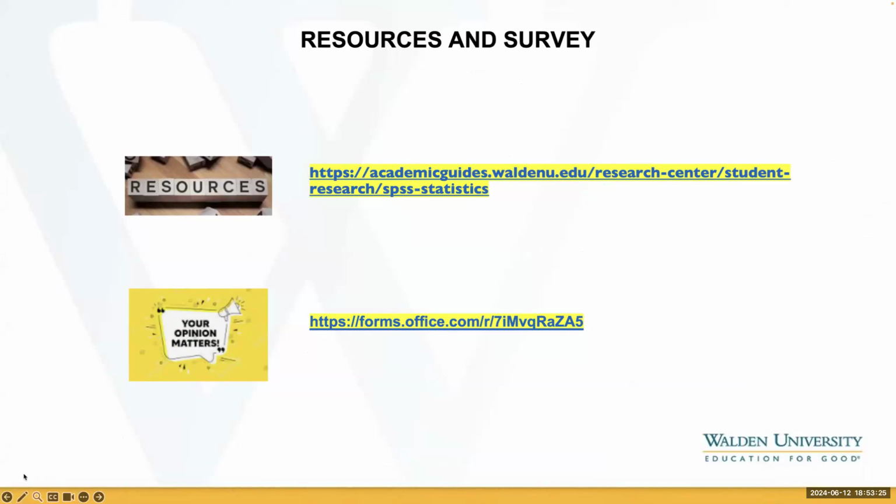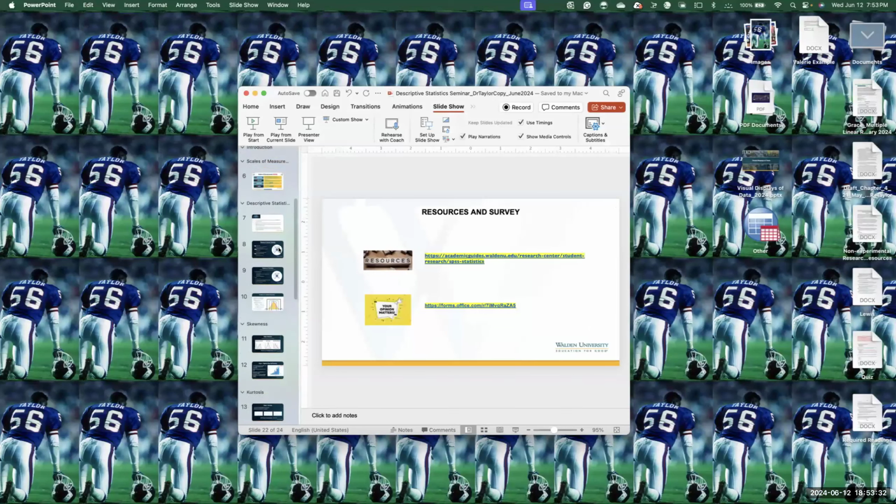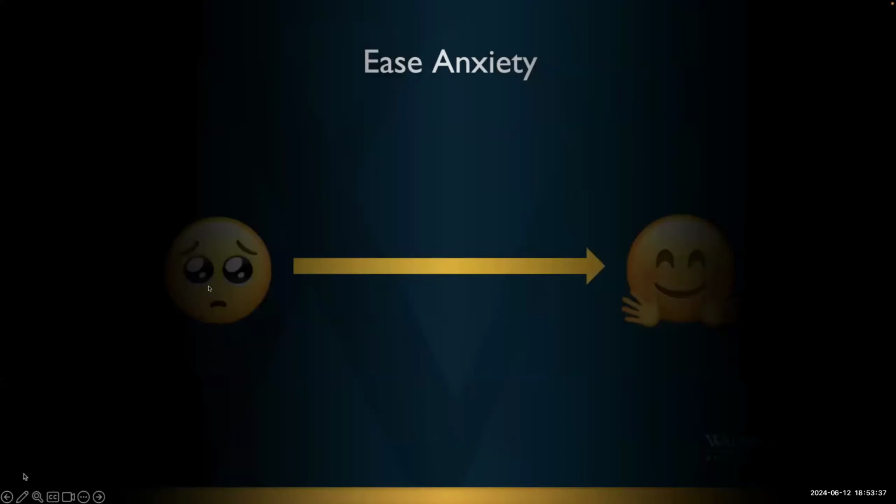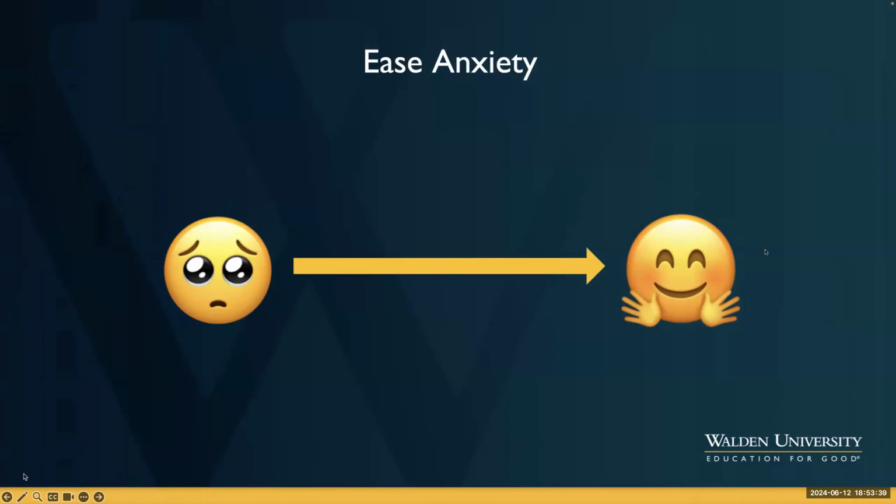But what I always like to do, when I end these sessions, is go back to this slide. Did we move you from over here to over here regarding descriptive statistics? Fantastic. And if nothing else, you can look at the exemplar and say, okay, I know what I'm being asked.